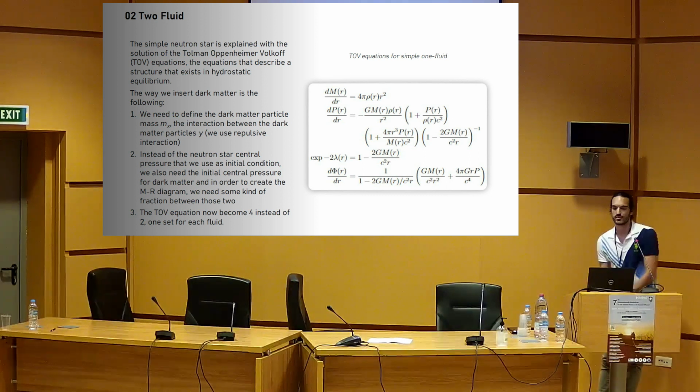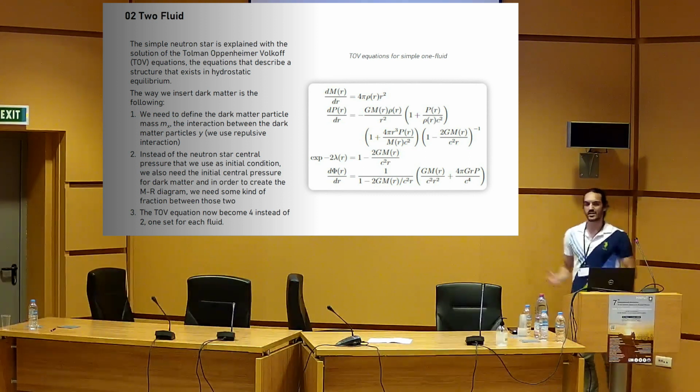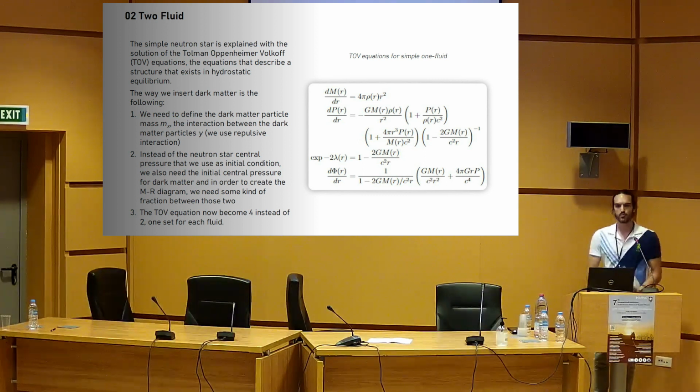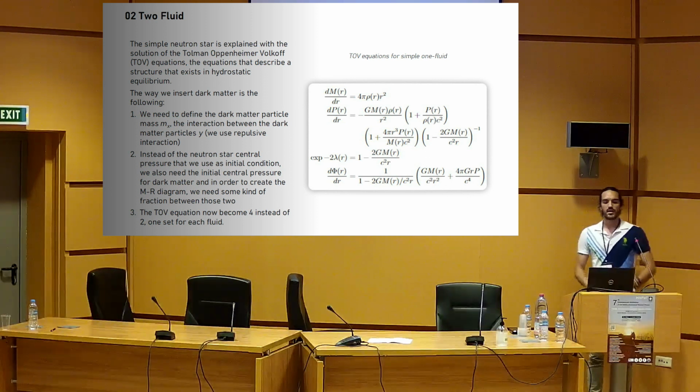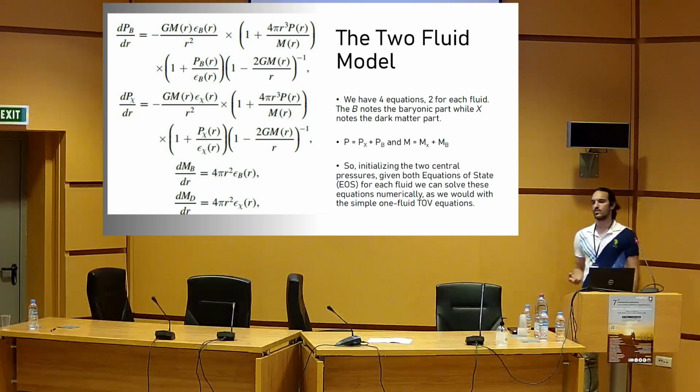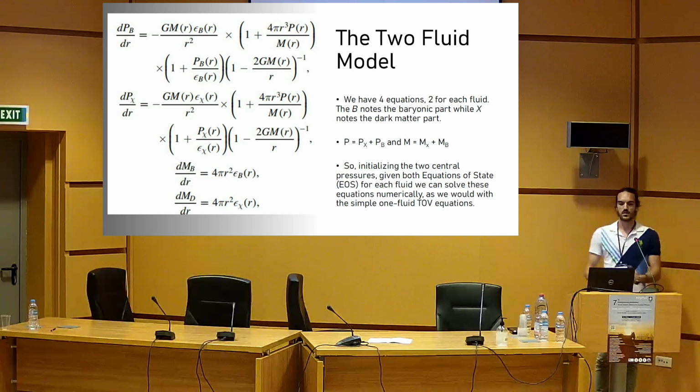And in order to create the MR diagrams, as my colleagues showed earlier, we need some kind of correlation between those two quantities, some kind of fraction between them. So now the Tolman-Oppenheimer-Volkoff equations become four instead of two, one set for each kind of fluid.